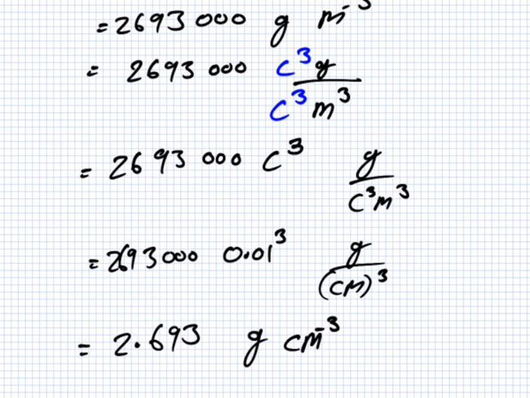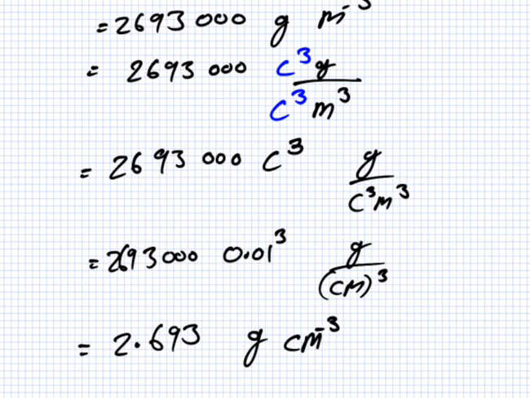And then I'll introduce here a centi cubed. So this would be 2693000 times centi cubed, grams per centi cubed meter cubed. So that would be 2693000 times 0.01 cubed grams per centimeter cubed.